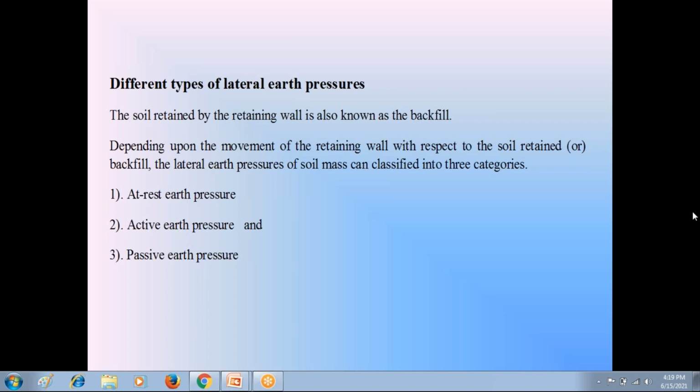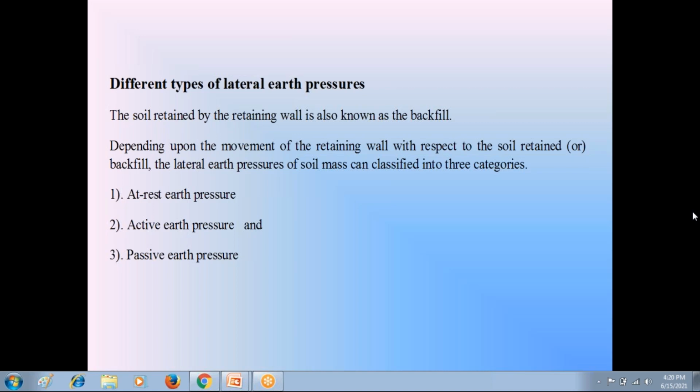So this is one theoretical concept. We are assuming the retaining wall has horizontal movement. Depending upon that horizontal movement, the retaining wall is in active condition and also in passive condition. These two are the extreme conditions. The horizontal movement is the extreme condition of the retaining wall.